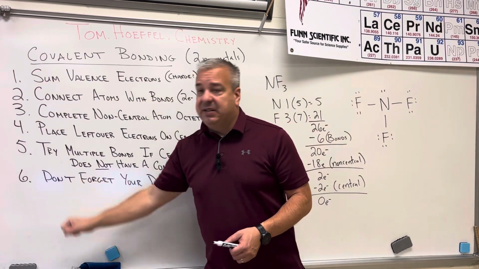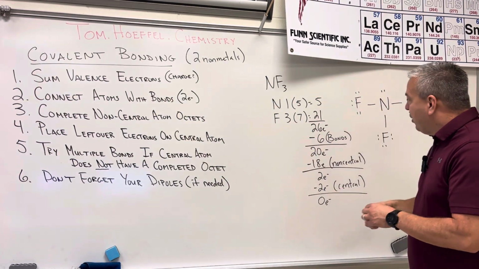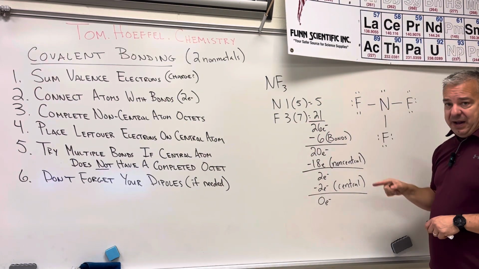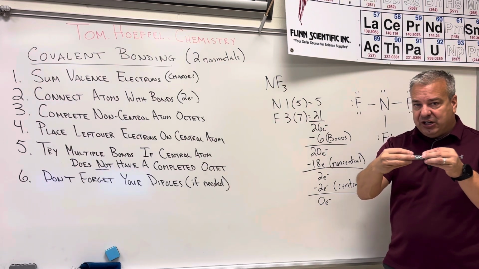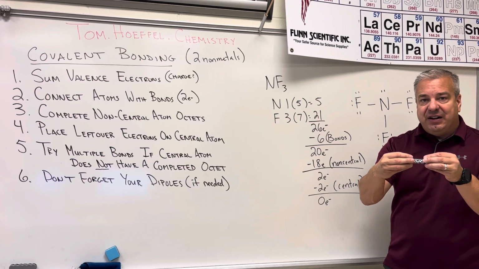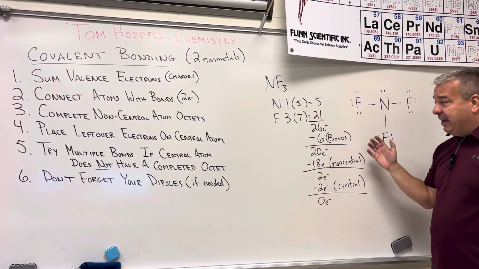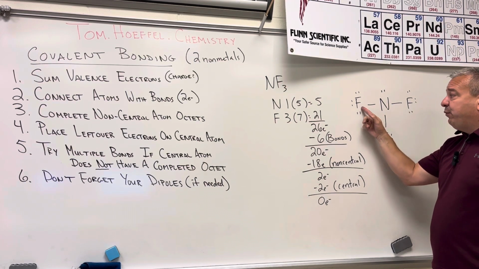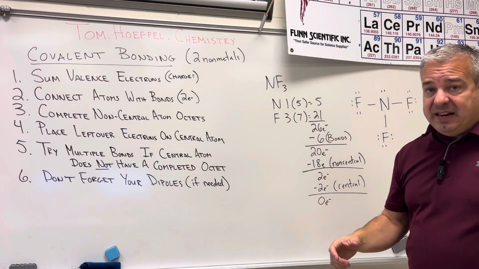And then we have step 6, which is called don't forget your dipoles, okay? When we're talking about this nitrogen-fluorine bond, the way I have it right now, it looks like the nitrogen and the fluorine are sharing the electrons equally. And that's not the case, okay? We know that fluorine has a higher electronegativity than the nitrogen does.